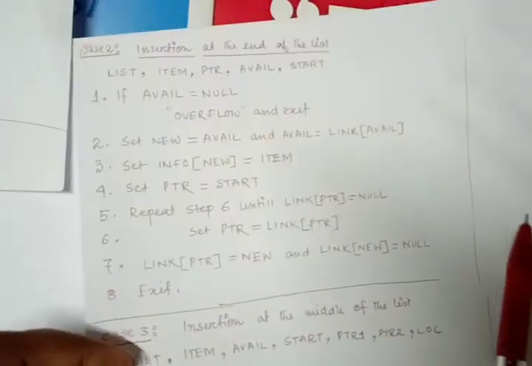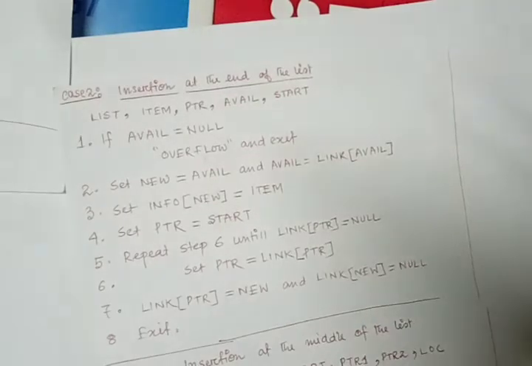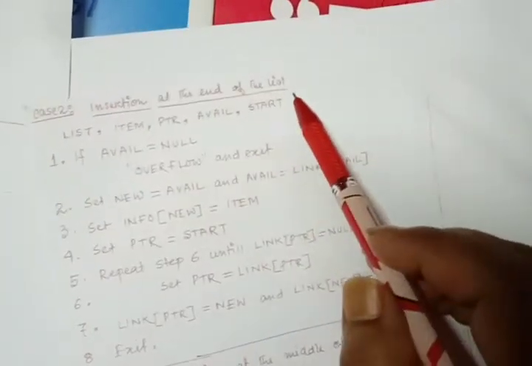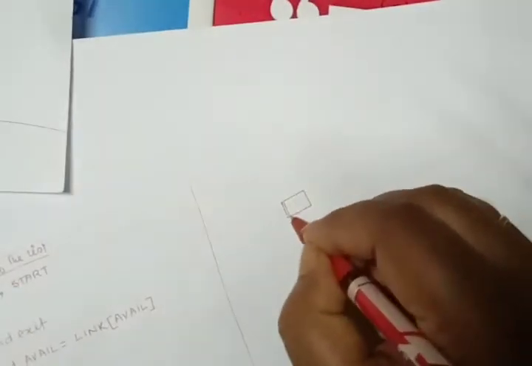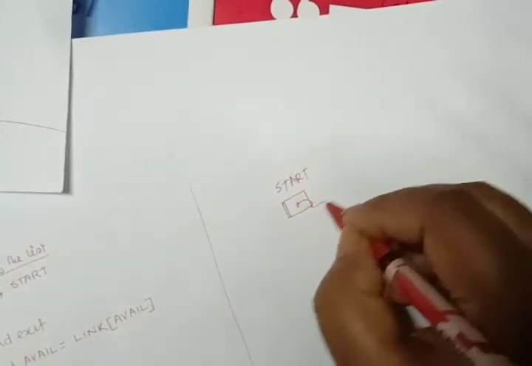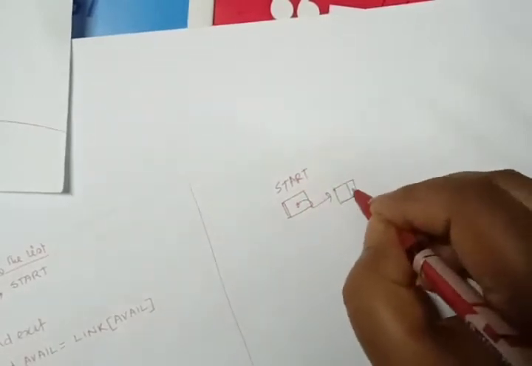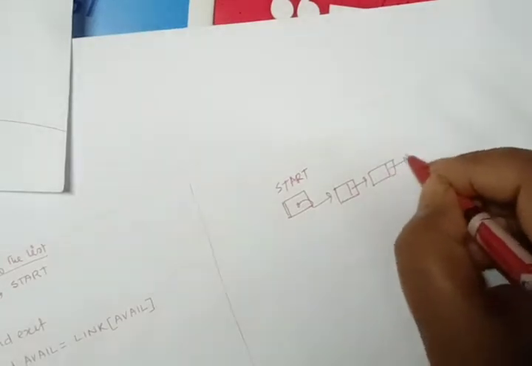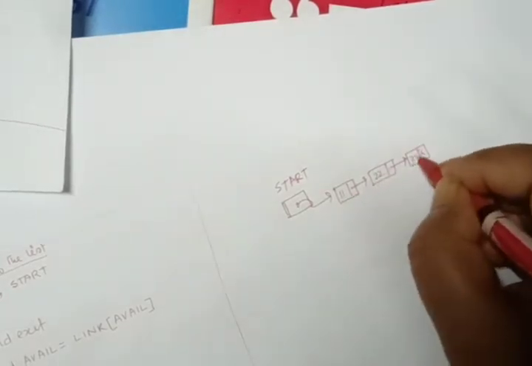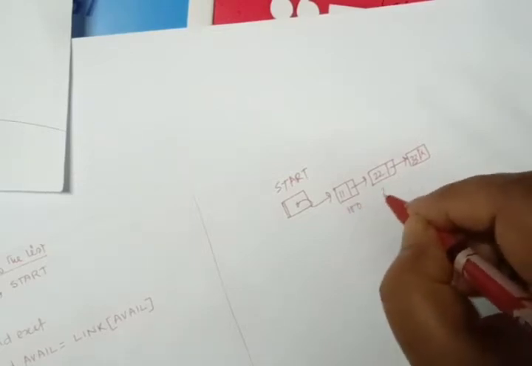Now there are two more algorithms. There is a case 2. We can insert at the end of the list. Suppose, here you see, suppose this is the used list, and this is the starting address of the list. 11, 22, 33.